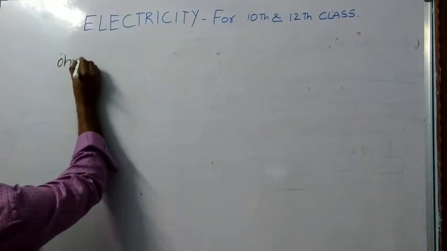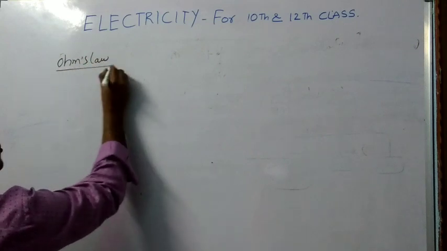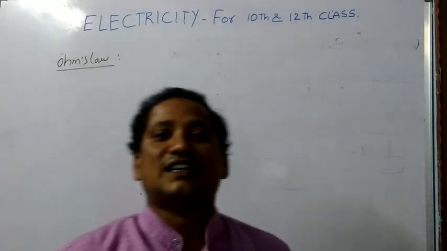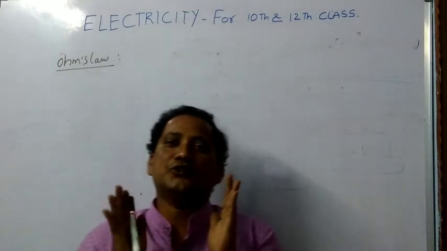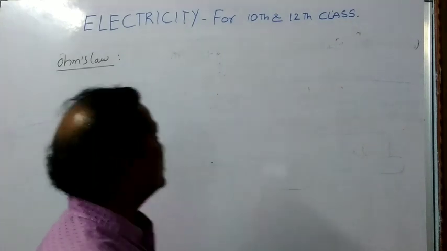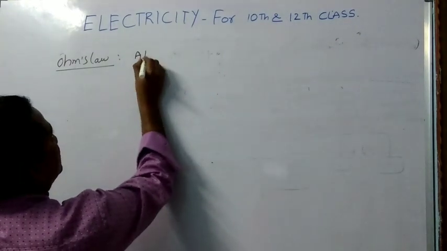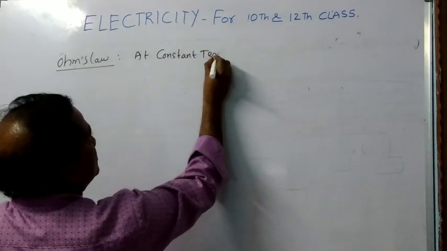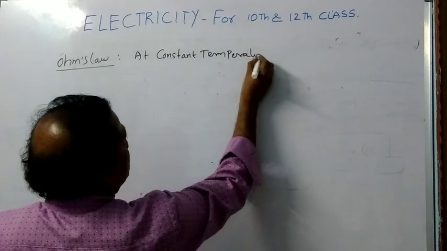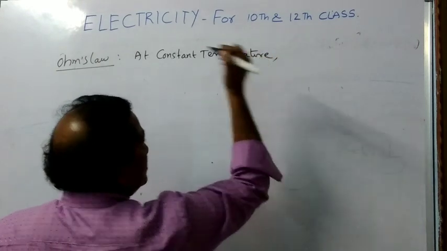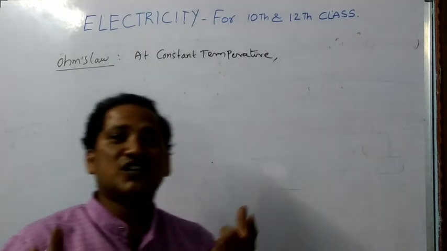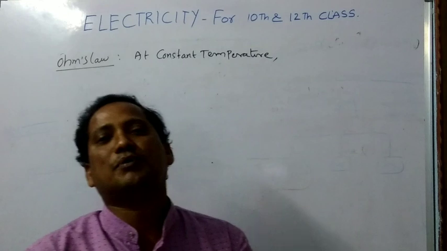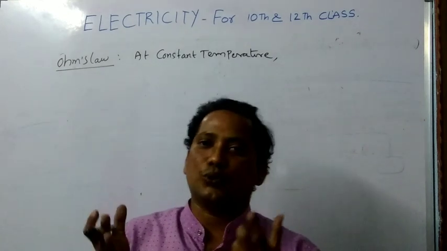Ohm's law. According to Ohm's law, the main condition you have to remember is temperature. Here temperature should be constant. So we can say simply, at constant temperature, this is important. At constant temperature, the potential difference applied between the conductor is directly proportional to the current passing through the conductor.